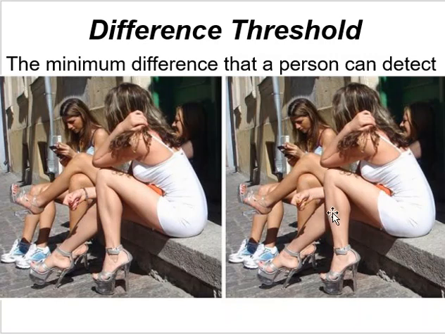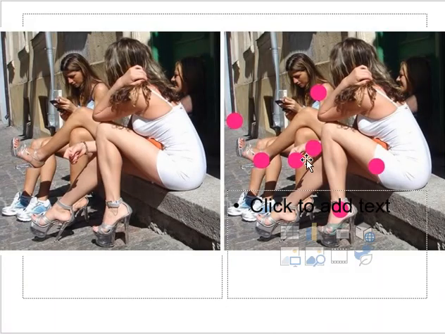That may be that they have a difference threshold of 1 item. Some people might need 50 items being changed to notice that there's a difference. So everybody's difference threshold is a little bit different, okay? Now, for those of you who are wondering about this picture, these are all the different things that were different. So if you were trying to find these, there you go, okay?